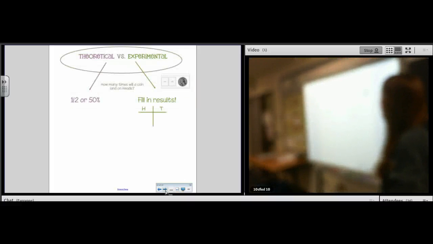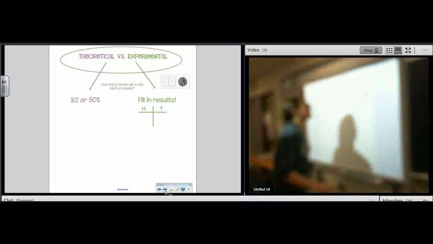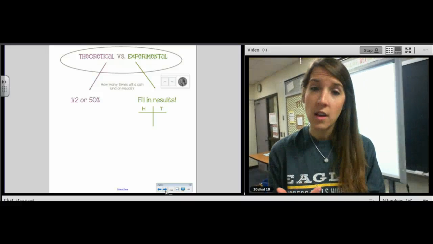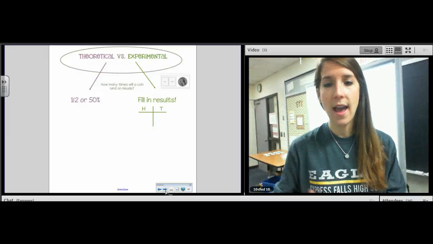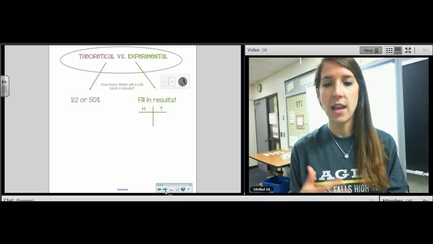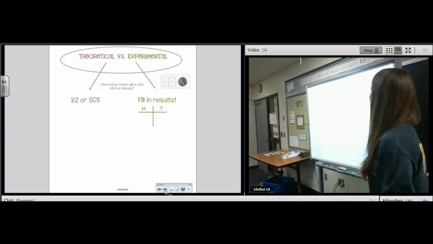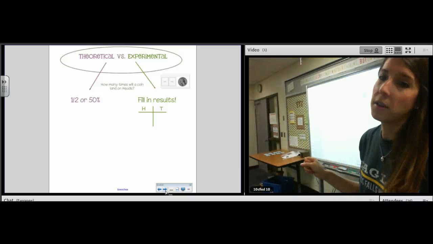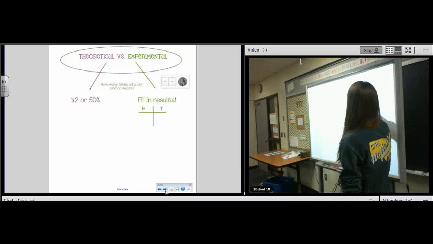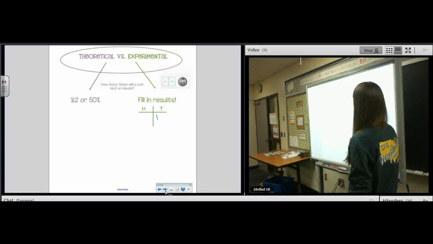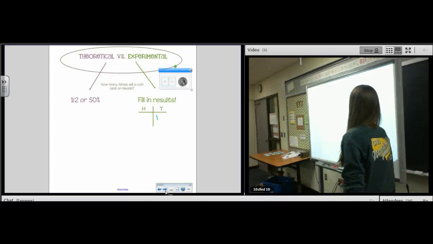So how is theoretical different from experimental? In theory, if you're flipping a coin, it should land on heads 1/2 of the time, or 50% of the time. But the experimental probability is where you actually conduct an experiment. So you flip it and you get tails. Flip it and you get heads.